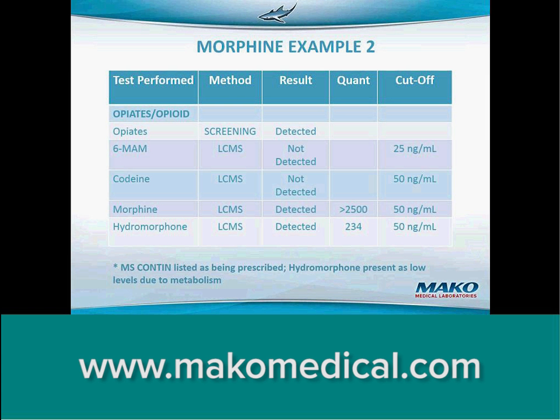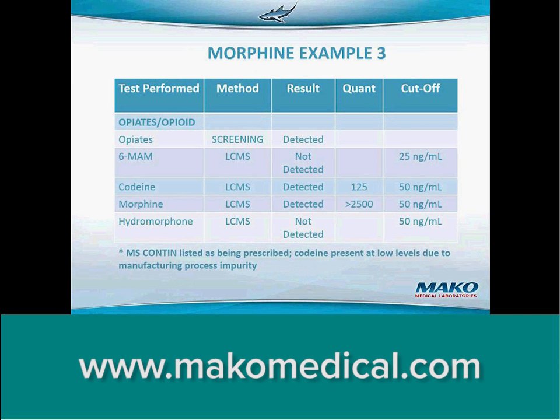So this would be an example of where hydromorphone was present due to it being a minor metabolite. And then the third example here, MS Contin was listed as being prescribed, and codeine was present at low levels. And this would be an example of where that pharmaceutical process impurity is taking place. So we have morphine at greater than 2,500 and codeine at 125.